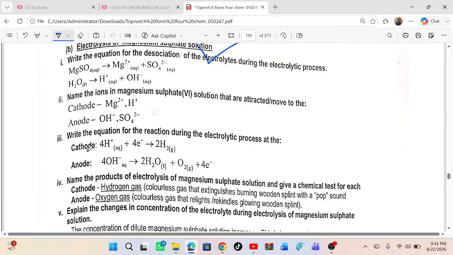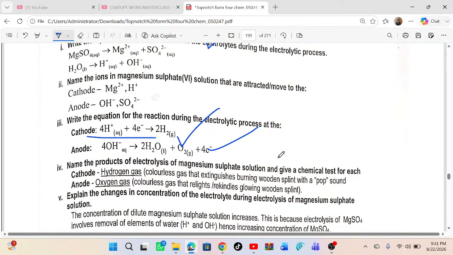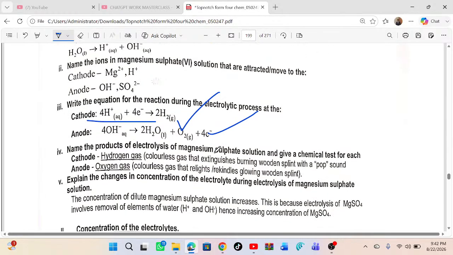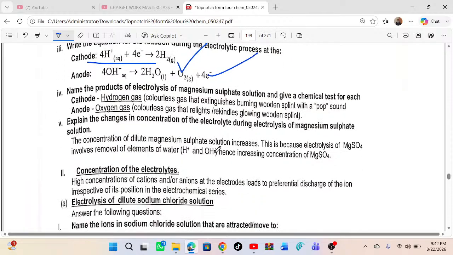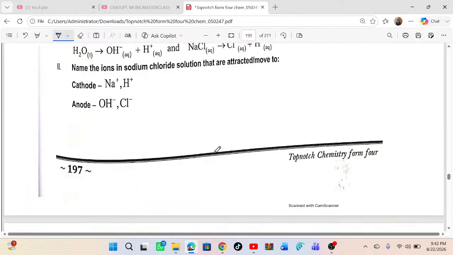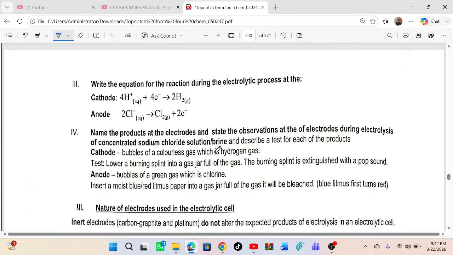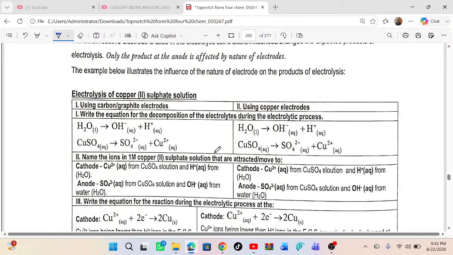So cathode ni gani? This is hydrogen ion. Kwa sababu gani? Hakuna copper mahali imetumika. Anode ni gani? Ni OH. Kwa sababu gani? Hakuna mahali imetumika magnesium electrode, so the remaining itakuwa OH. So that's how you answer the question. So that's how simple it is.